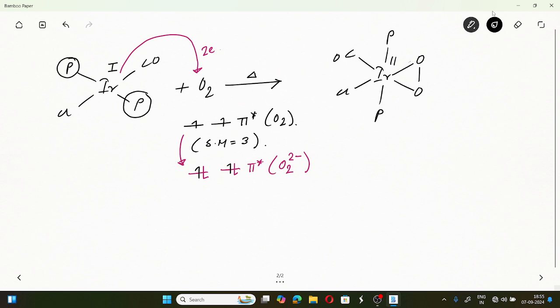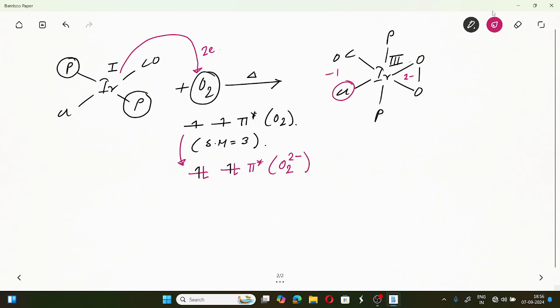This is converted to iridium(III). So the metal center is oxidized, and this entire reagent is added in the form of peroxide. So this peroxide is 2 minus and the other ligand is 1 minus, so the charge of the metal center is balanced.